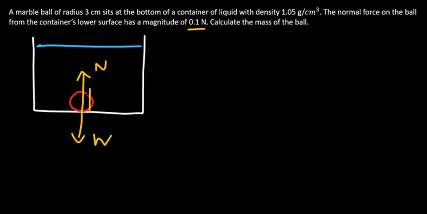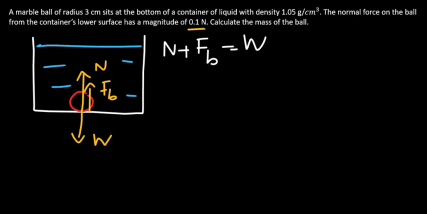And then you also have a buoyant force upward due to this liquid in which the ball is sitting. Since the ball is stationary, the net force is 0. That means the upward normal force plus the upward buoyant force equals the downward weight. So let's calculate the buoyant force.